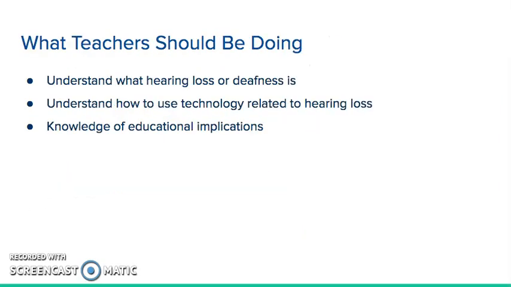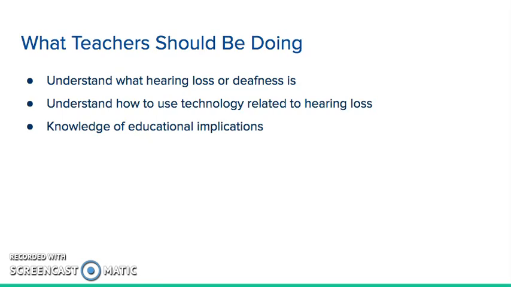So what teachers should be doing, first, they have to understand what hearing loss or deafness is and how it affects their students. They have to be able to troubleshoot technology associated with hearing loss, such as FM systems, which are sounds transmitted directly from a microphone worn by the teacher and transmitted to the student, usually through an earpiece.